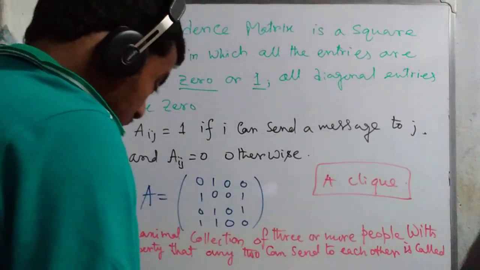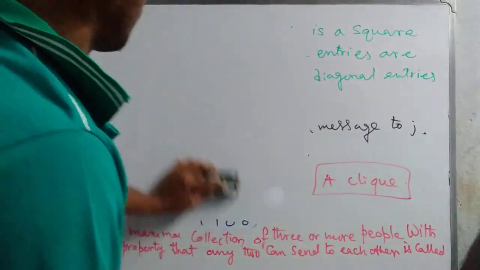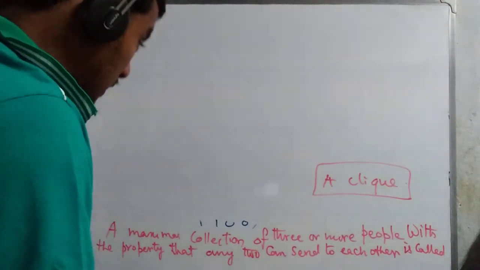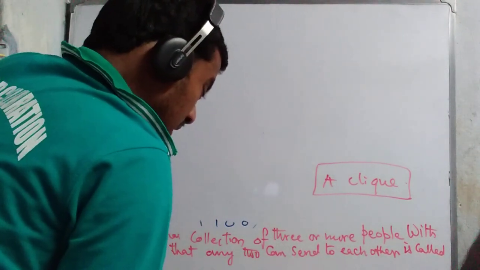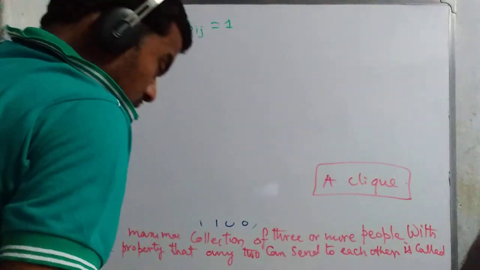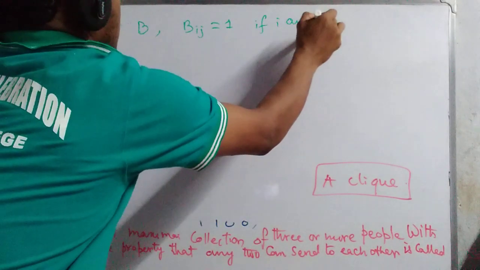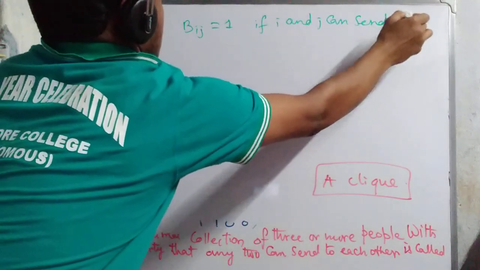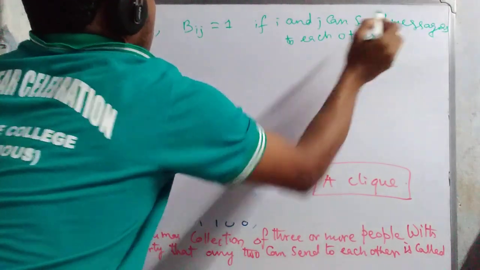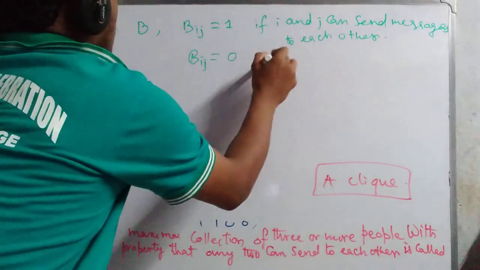Then we also discuss another property of a clique. Define a new matrix B, where B_ij equal to 1 if i and j can send messages to each other, and B_ij equal to 0 otherwise.